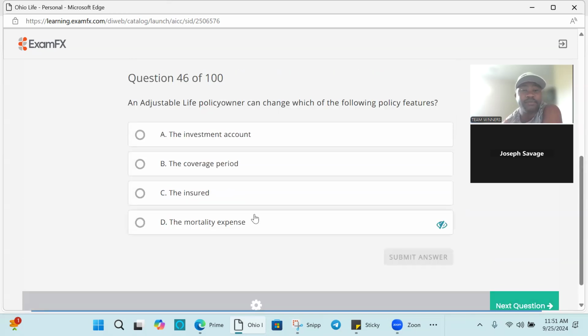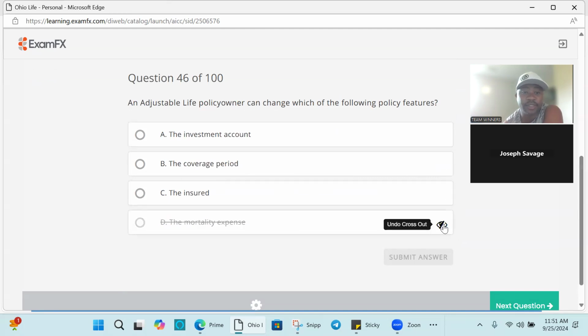An adjustable life policy owner can change which of the following policy features? Investment account, coverage period, the insured, mortality expense. You can change the coverage.